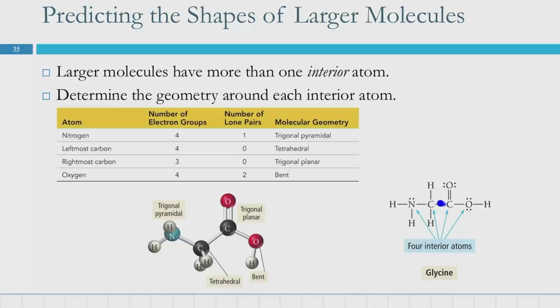Our carbon here has 4 groups, all bonds, so it has tetrahedral geometry. Our right carbon has 3 groups, 3 bonds, so it's trigonal planar geometry. And the group on the right, our oxygen, has 2 bonds and 2 lone pairs. So it would be tetrahedral electron geometry, get rid of 2 of the groups, and it ends up being bent geometry.